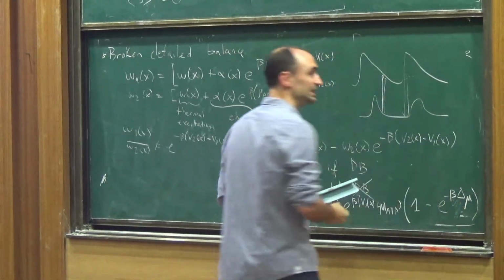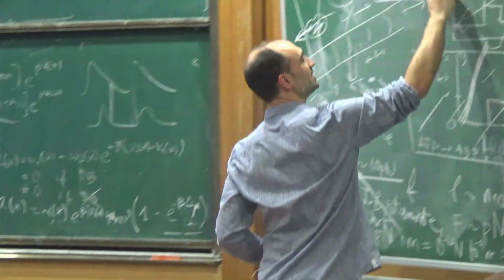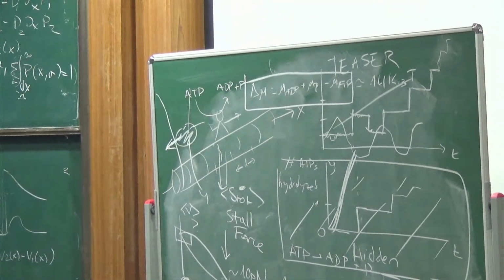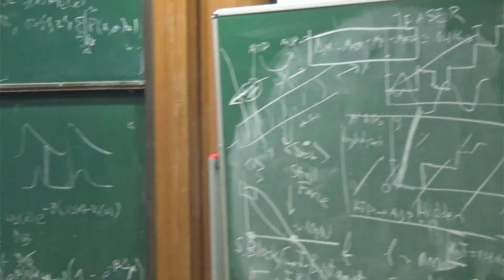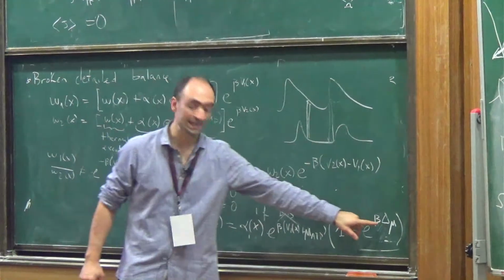Okay? Delta mu, repeat, is this quantity, the difference. So it's the Gibbs free energy in a hydrolysis. And you see immediately from this simple model that omega(x) will be 0 when delta mu is 0.